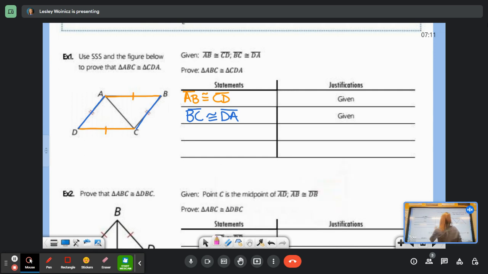The last side is the one that they share, AC, and we know that AC is congruent to itself. Let me put some segment bars over those before I forget. Don't forget your segment bars. And we know that it's congruent to itself by the reflexive property of congruence.